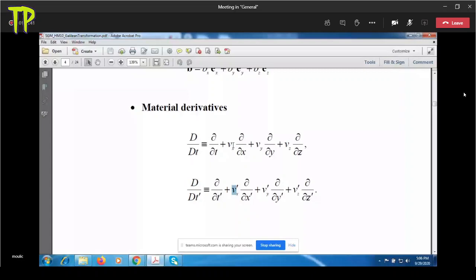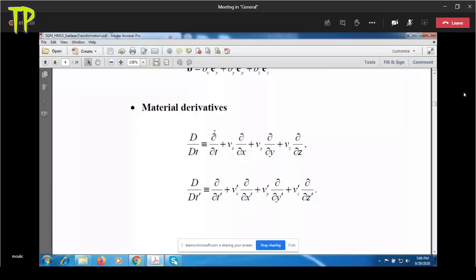So this is a kind of total derivative. Total derivative is the same in both the frames, because if you have a scalar quantity which is just a function of time, the derivative must be the same. But the partial derivatives, the meanings are different, because think of it this way.